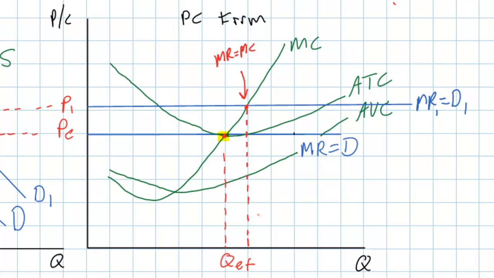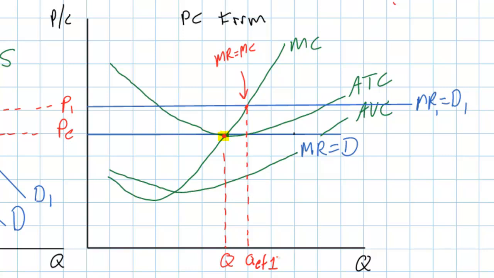So whereas before the increase in demand each firm was producing QEF, now each firm will produce QEF1. Each individual firm has an incentive to increase its production due to the increase in demand for the good in the market.